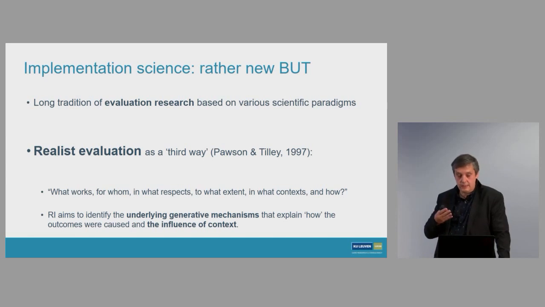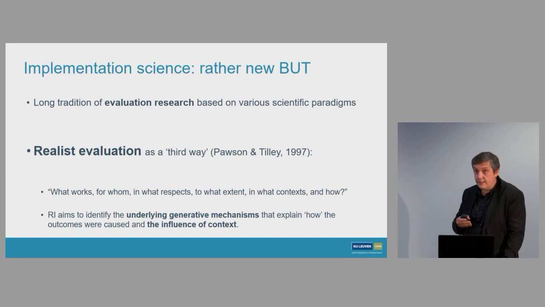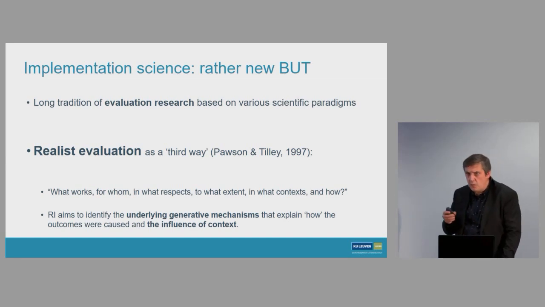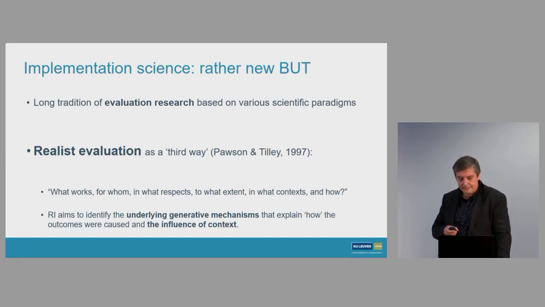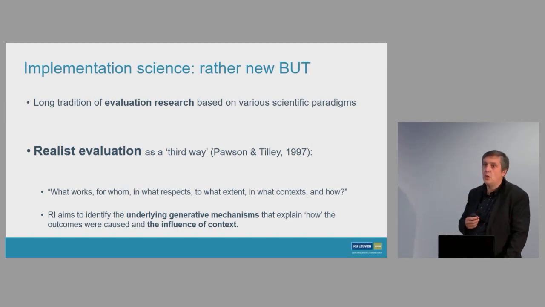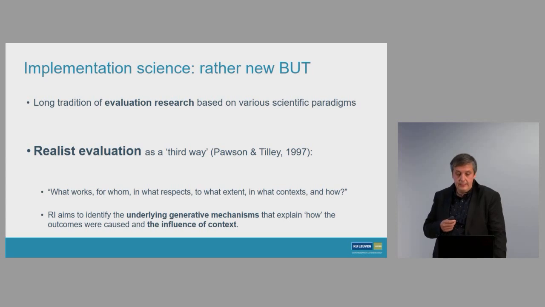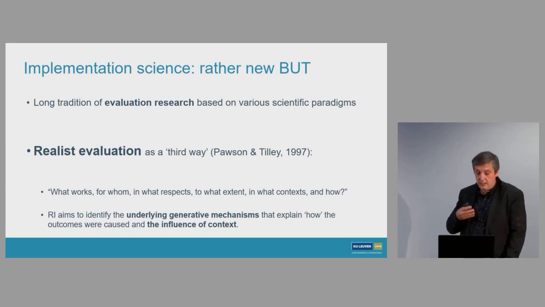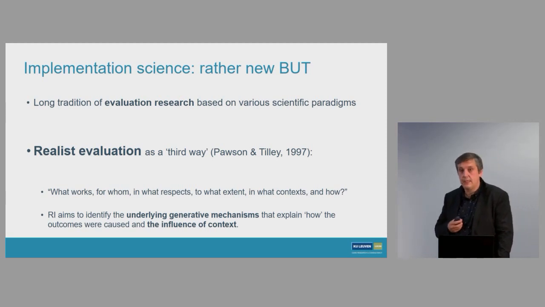It's also about how it works, what makes it work, in what contexts does it work, and how does it work specifically. And more in general, realist evaluation wants to identify the underlying mechanisms that explain how it works, how the outcomes were caused, and also focuses a lot of attention on the specific characteristics of context.